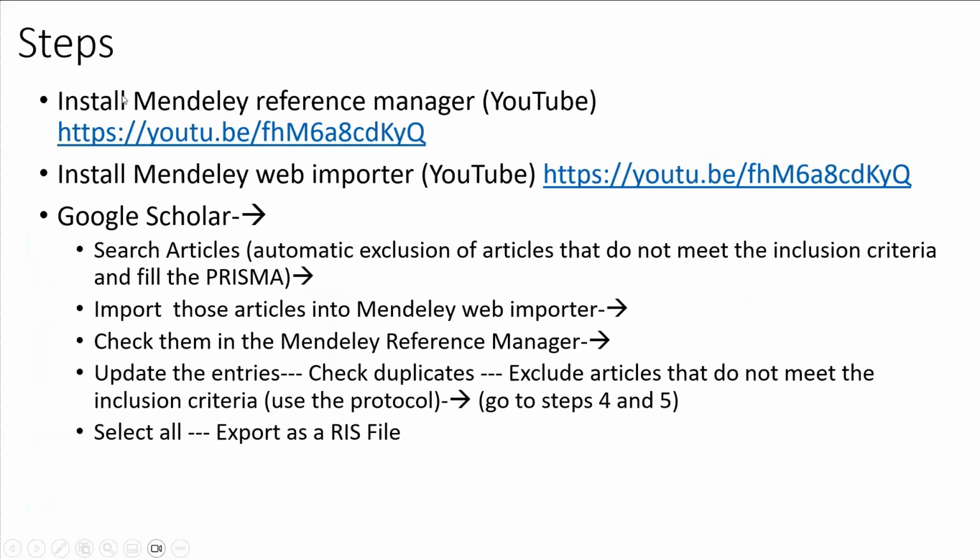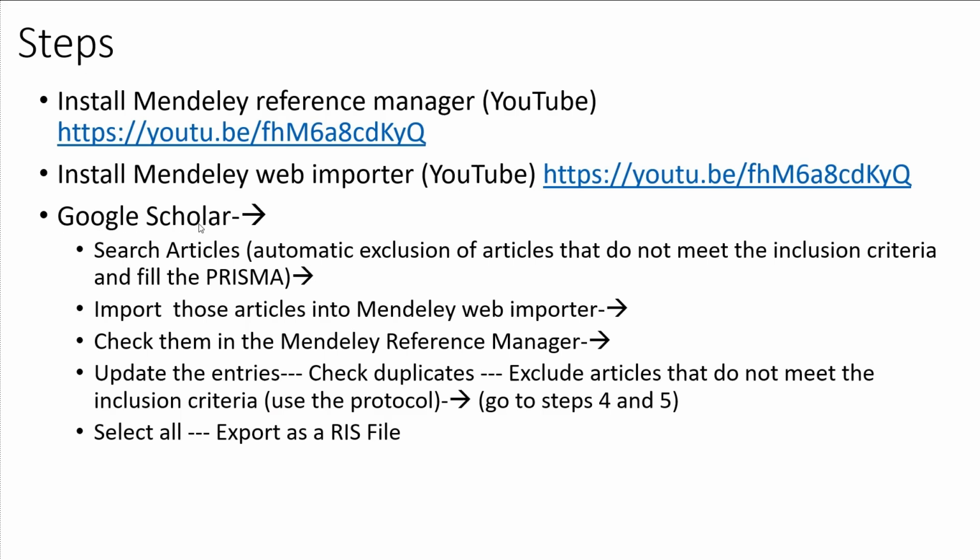In the steps, first install Mendeley Reference Manager. Before searching, you need to install the Mendeley Reference Manager on your computer. In this YouTube video, you can watch how to do that. Then install the Mendeley Web Importer, the second step. Again, you can watch how to do that in this video. All these are on my YouTube channel.